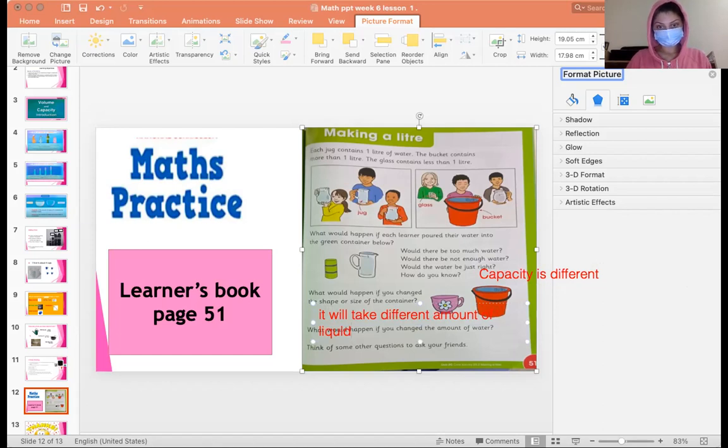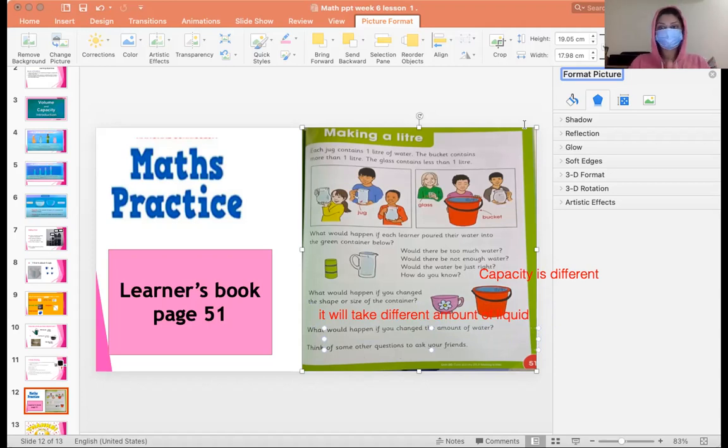Okay. It will take a different amount of liquid. What would happen if you change the amount of water? I think the only difference is that it depends on the capacity of each one of them. Think of some other questions.